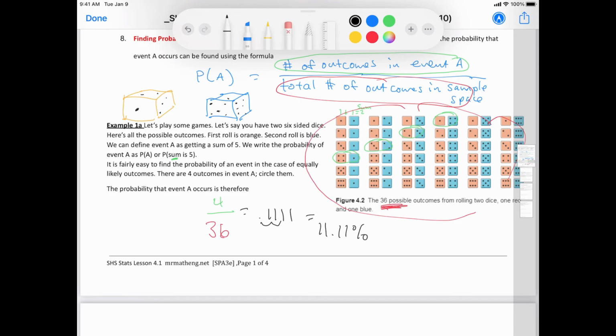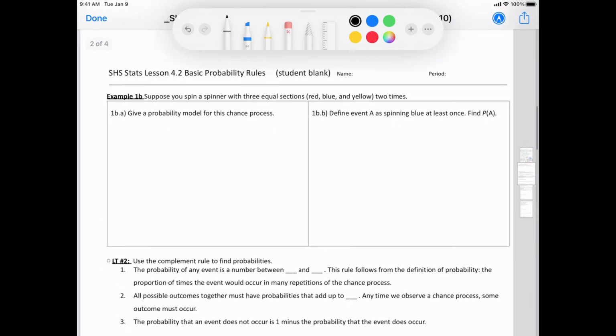Let's move on to the next example, example 1b. Suppose you spin a spinner with 3 equal parts. So let's go ahead and draw the spinner. Give yourself a visual. With 3 equal sections, you have red, blue, and yellow.